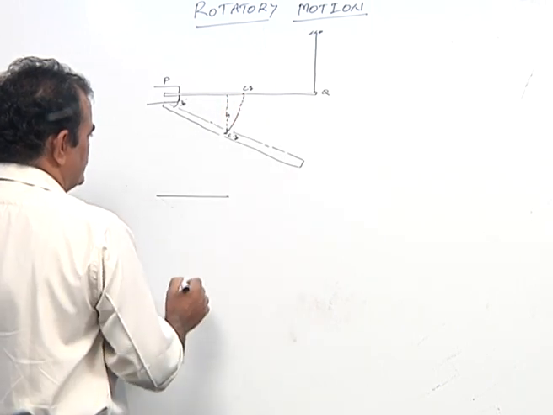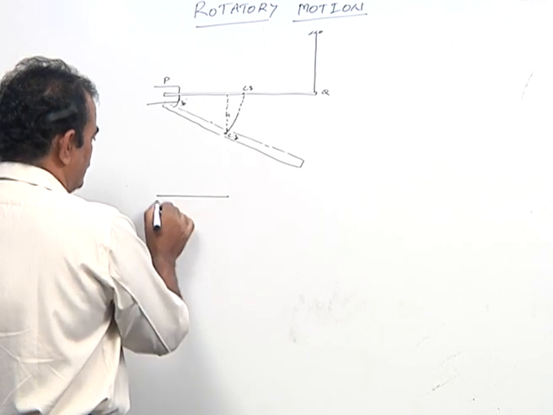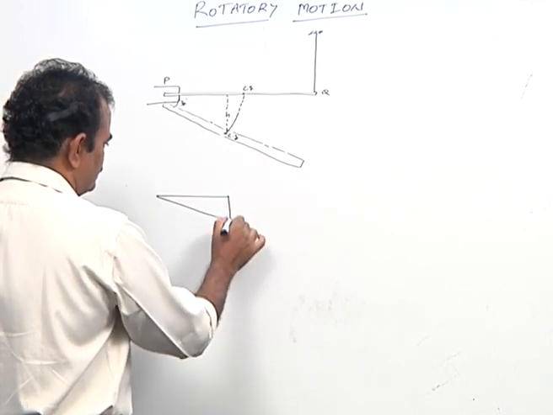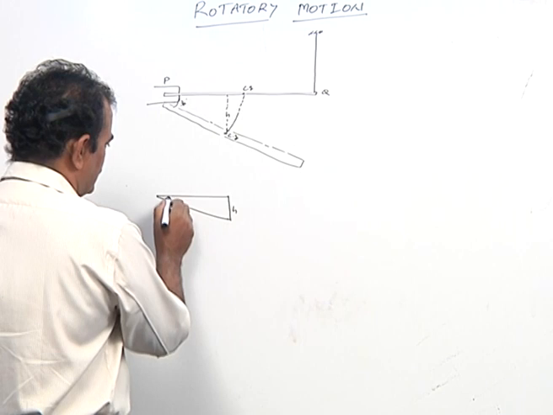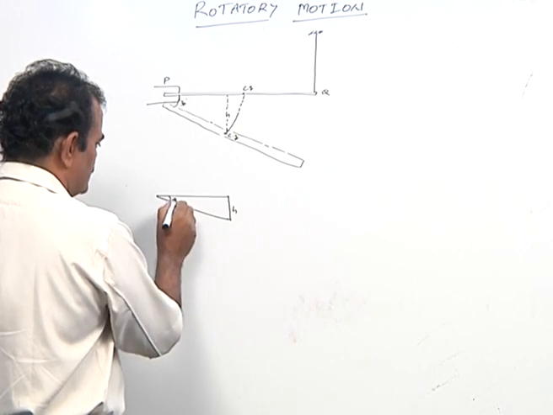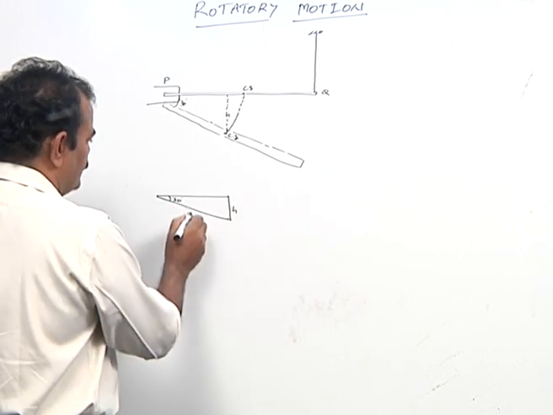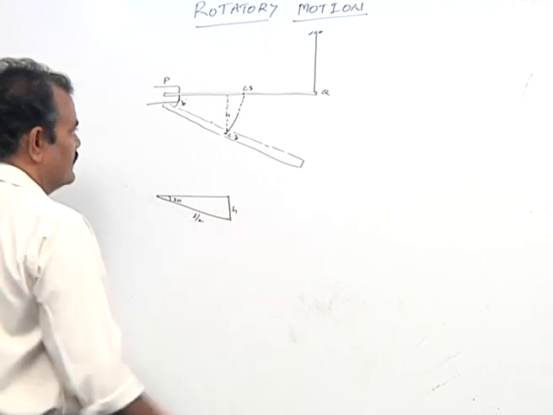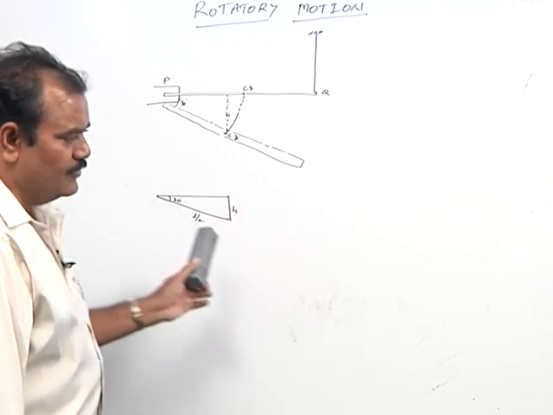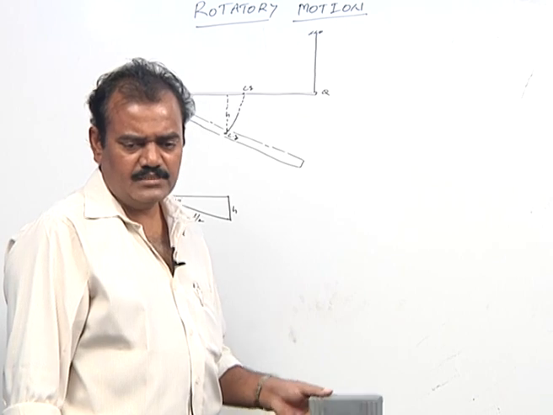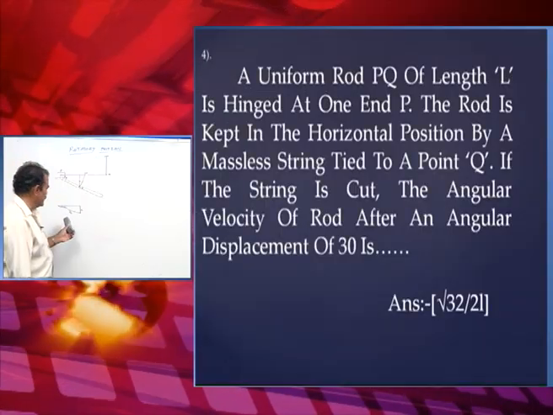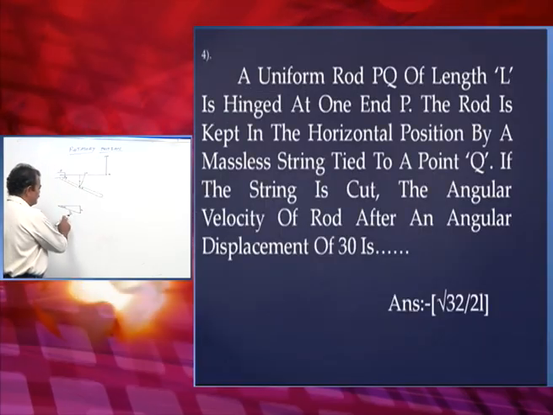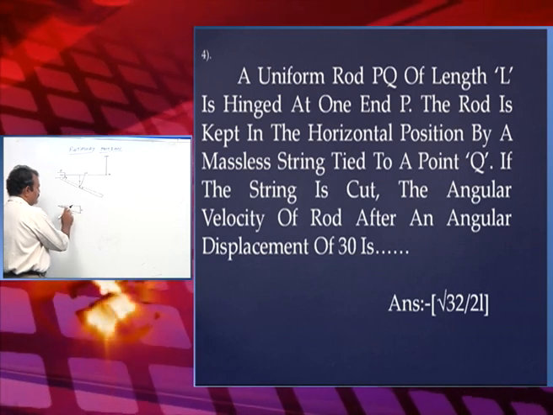This is theta, that is 30 degrees, and the distance to the center becomes L by 2, since the uniform rod you are given has length L. So L by 2, h, and 30 degrees.